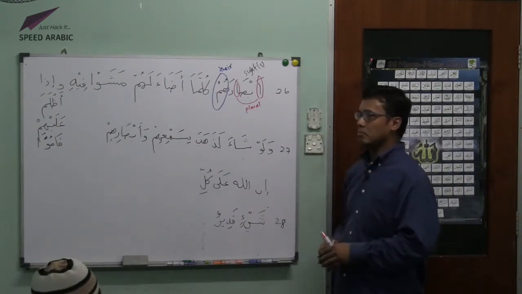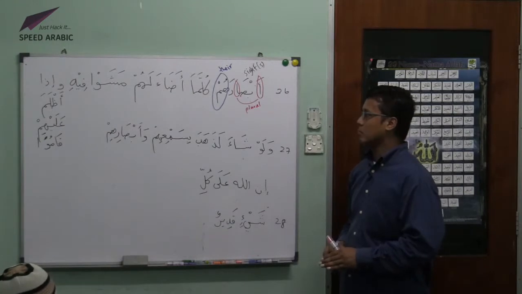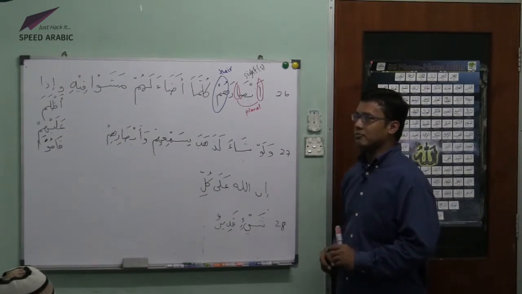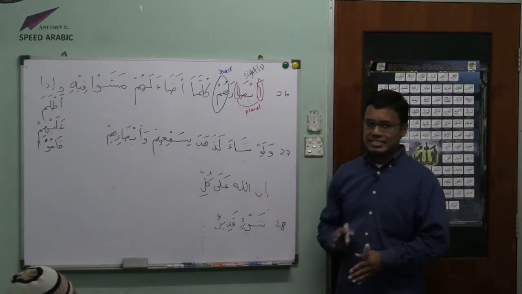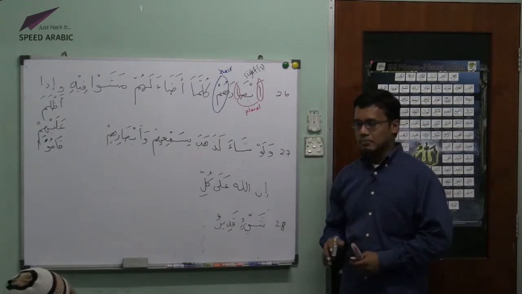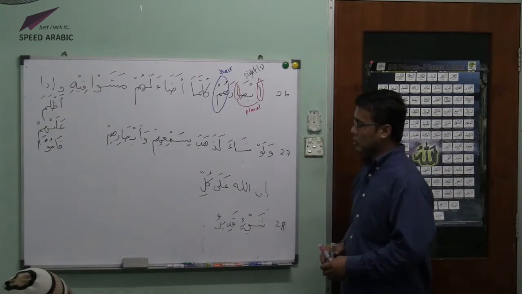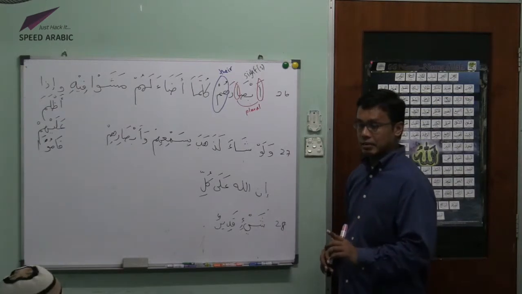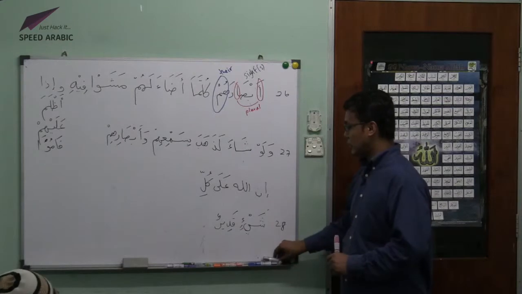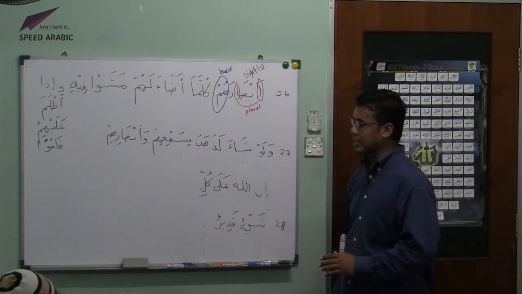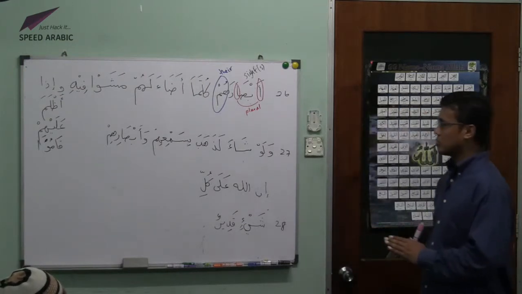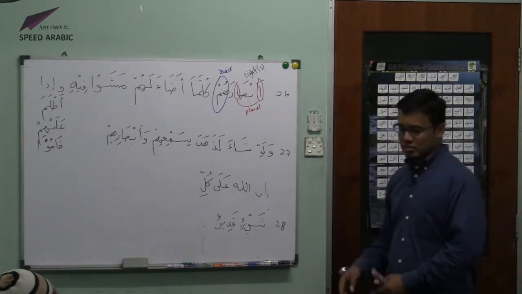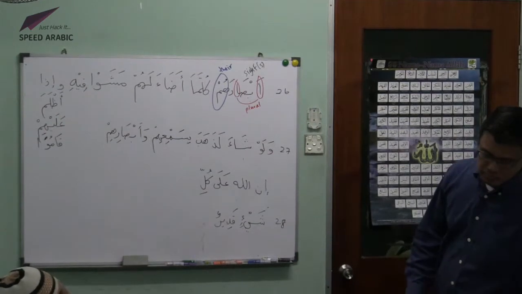Kullama. Kullu is every, but when it adds with ma, it becomes kullama. Kullama is every time, setiap kali. So what's the previous one?